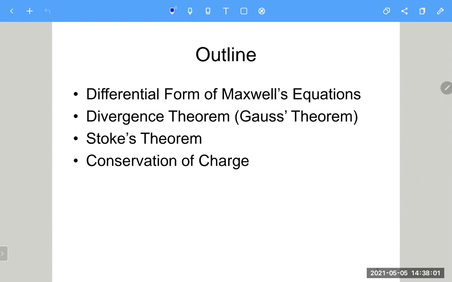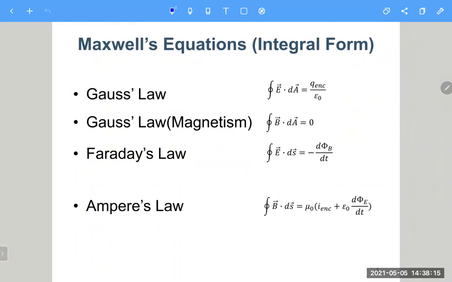The answer is no if we really consider the conservation of charge. And you will see why the Maxwell equations at this stage satisfy the conservation of charge.